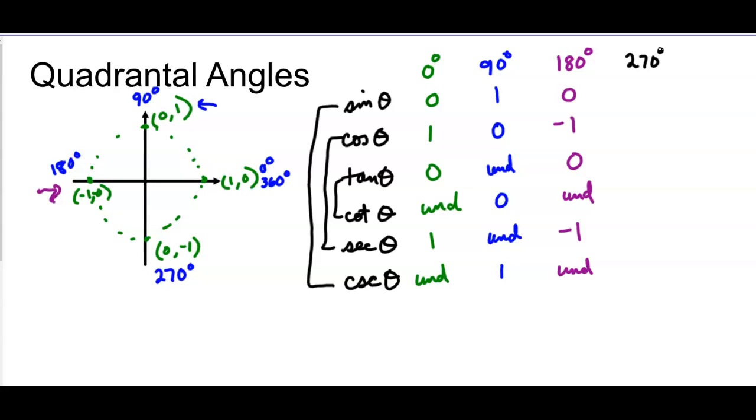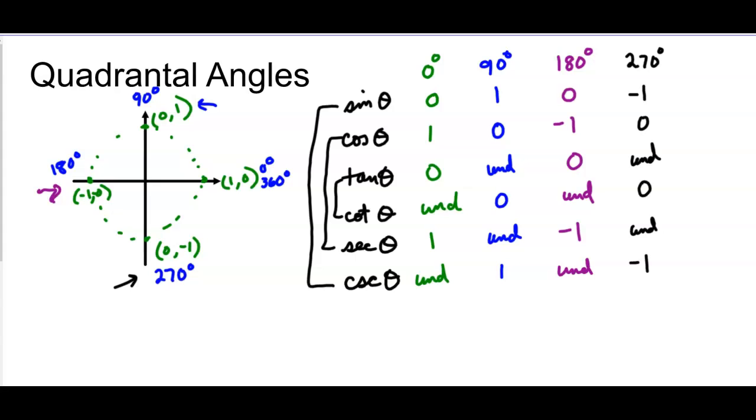So now we're down here at this point where the y is negative 1, the x is 0, y over x, which is undefined, and then x over y, which is going to be 0, and then the reciprocal of 0, undefined, and the reciprocal of negative 1, which is going to be negative 1. So you might see some patterns here that may be helpful.